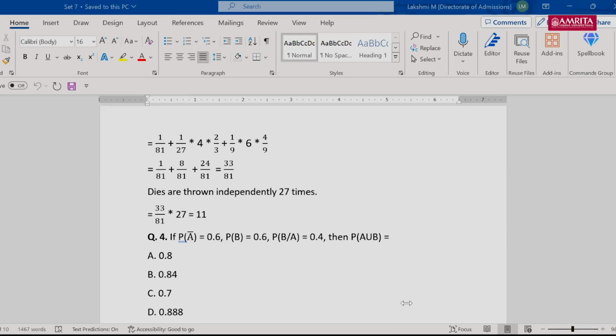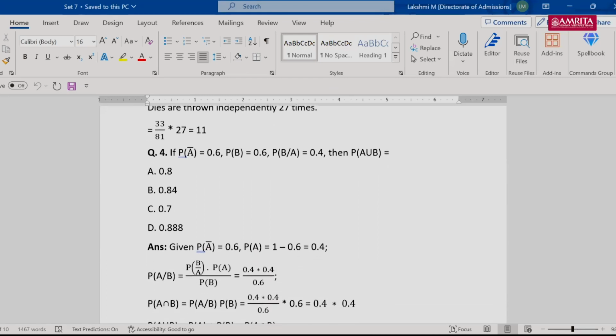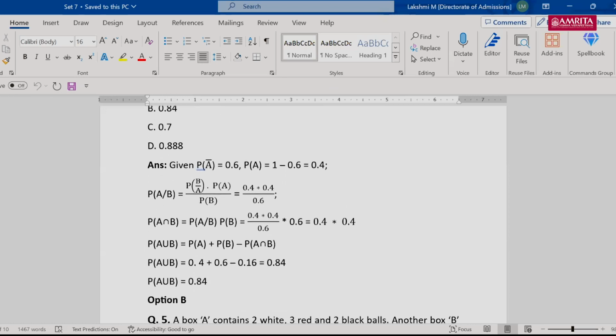Okay, let's see. I think a lot of students have given me answers. It's like option B, option A, option D. Okay, I think we'll discuss now. Everybody has started giving the answers really well, and most of your answers are correct also.